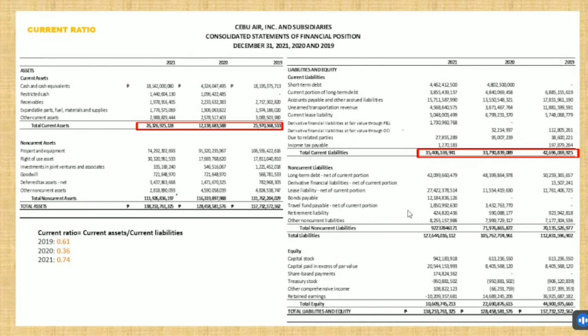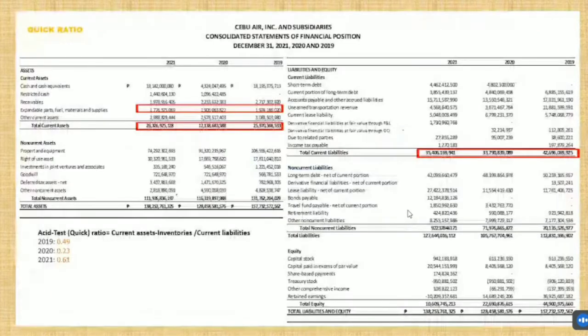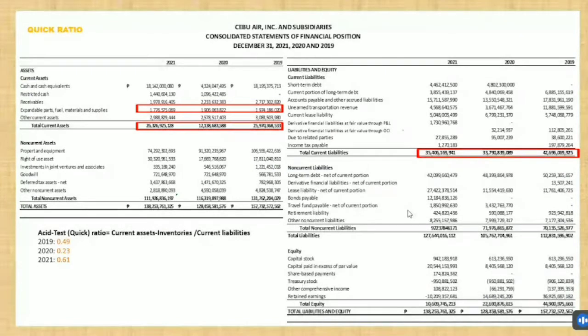Next slide po. So the liquidity of the company for 2020 can also be analyzed using the acid test or quick ratio. Similar with the current ratio, from 0.49 in 2019, it goes down to 0.23 in 2020 and subsequently increases to 0.66 in 2021, which indicates na their ability to cover short-term debt obligations with current assets is recovering from its downfall in 2020 because of the pandemic.